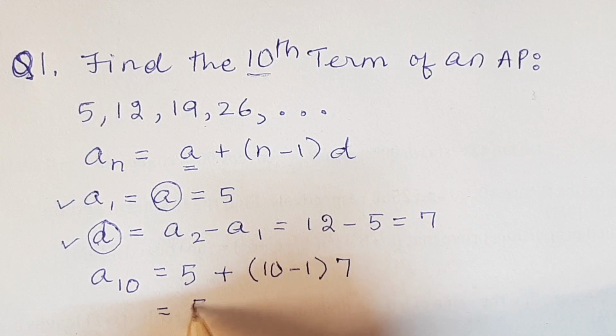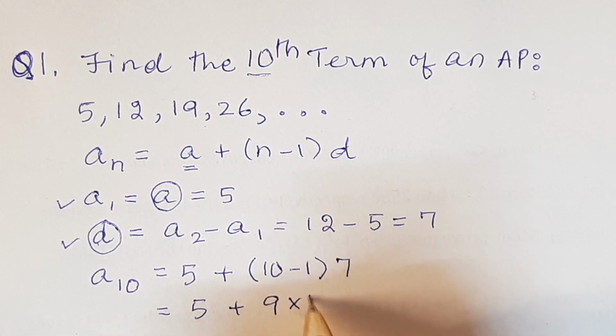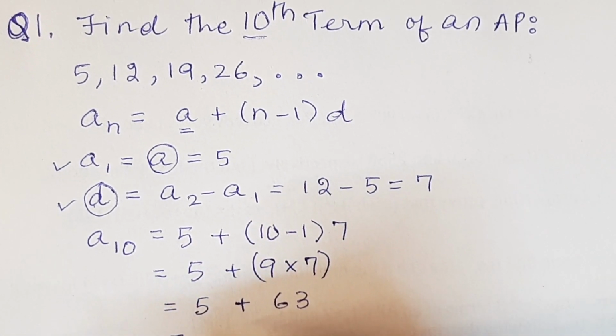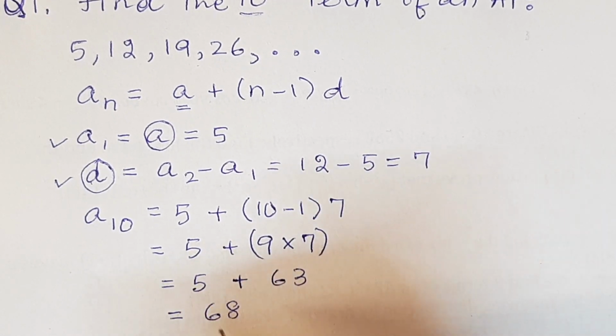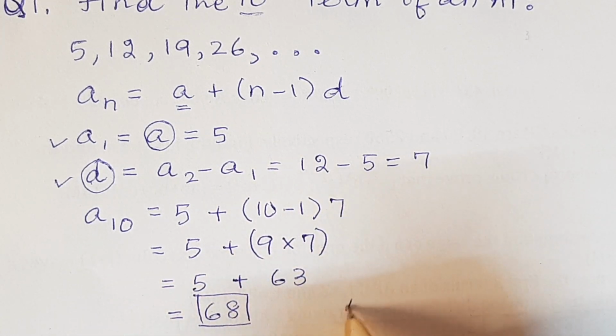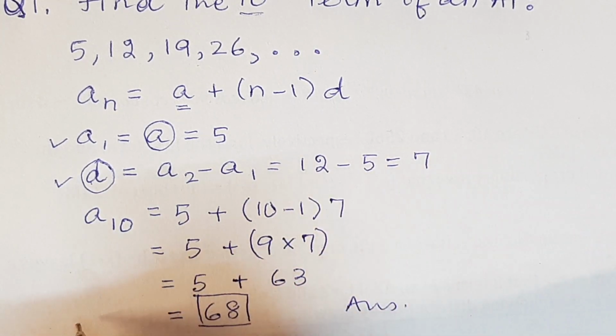So we get 5 plus 10 minus 1 is 9 into 7. That gives us 5 plus 9 sevens, 63, and we get our answer as 68, and this is our 10th term.